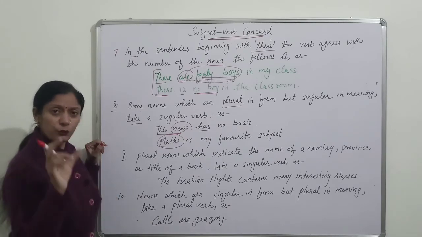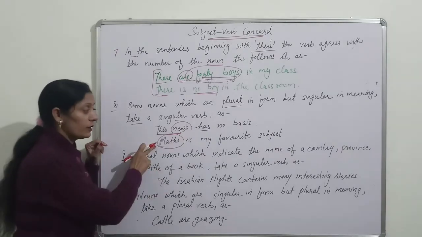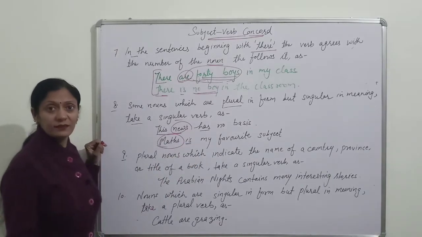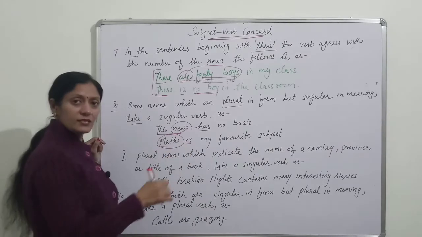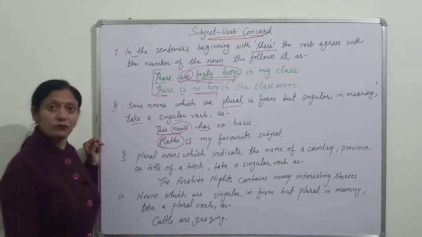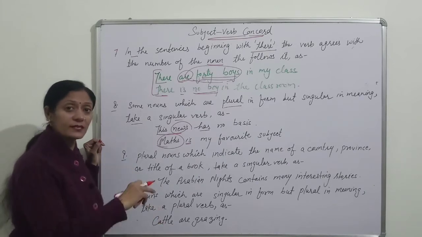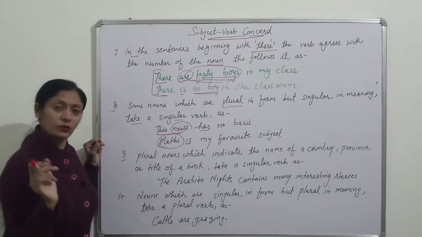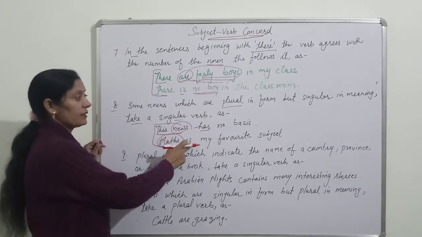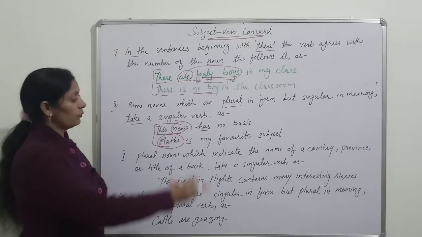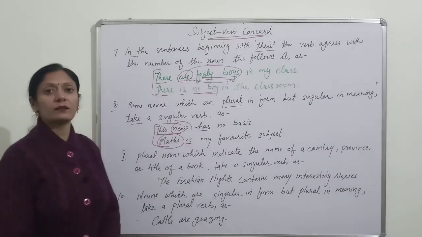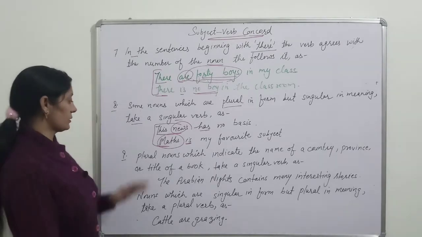So in form, in appearance, the word is plural, but the verb used here is singular. Physics. It seems it's plural, but the verb is singular. Economics, the verb used with the word economics is singular. So the words which seem plural but are singular in meaning, the verb used with these types of nouns is singular.